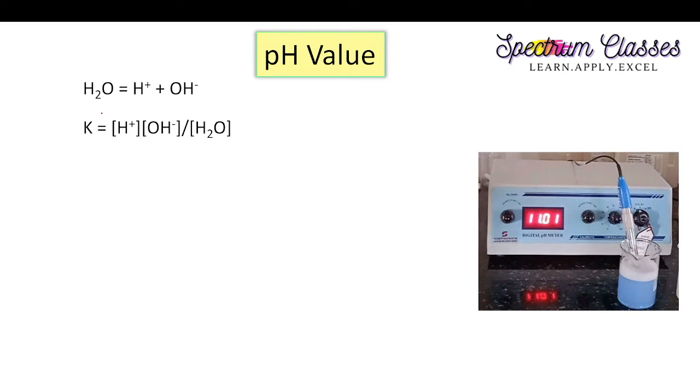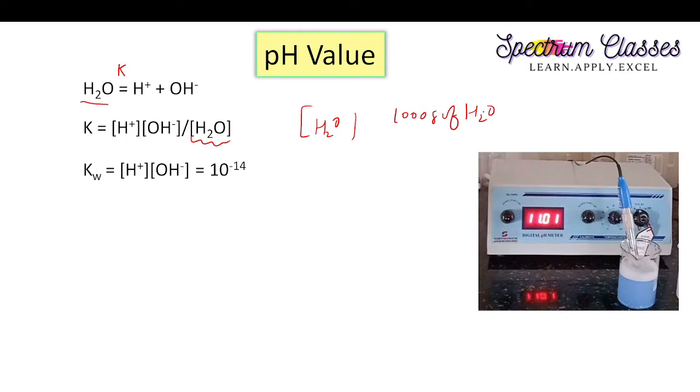Now this dissociation is there, and we can write down the dissociation constant. The dissociation constant is the product of the concentrations of the products divided by the concentration of the reactant. Now suppose the concentration of H2O is constant, because 1000 grams of H2O contains 55.55 moles of H2O.